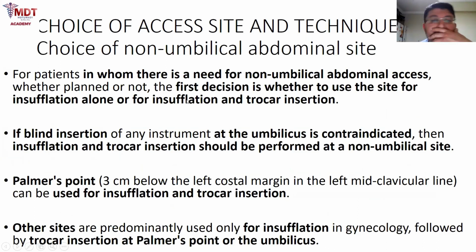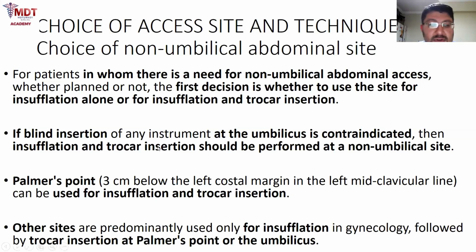In patients in whom we will use non-umbilical abdominal access sites, the first decision is whether we will use this site for insufflation alone, or also for trocar insertion. If blind insertion of any instrument at the umbilicus is contraindicated, then insufflation and trocar insertion should be performed at a non-umbilical site.